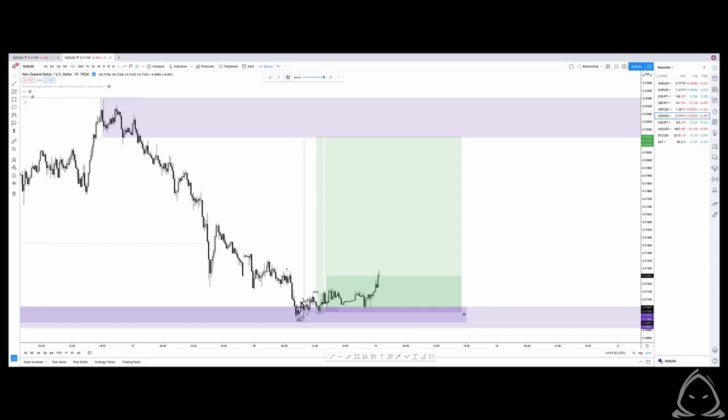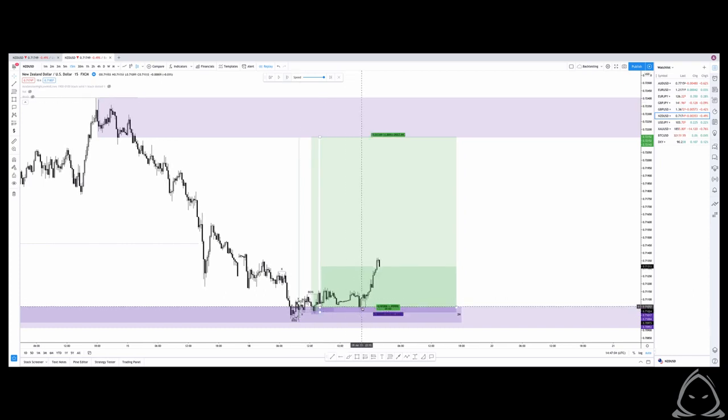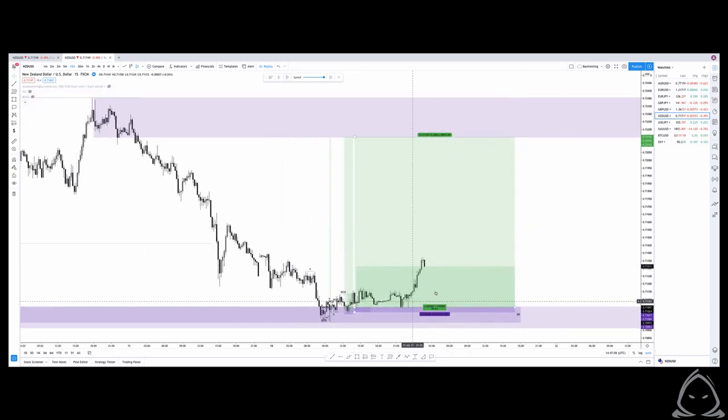It tests that area again, and then we rally, right? So now you're sitting there, you've taken a break even on this one. You would have been okay on this second trade, and fine on the first one. But if this had been your trade, you've now taken a break even for no reason. Price has rallied off. We've broken structure here, which has given you the opportunity to take some money and pay yourself. So for me, this is why I use that method.